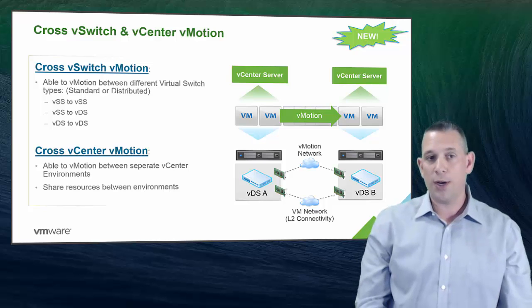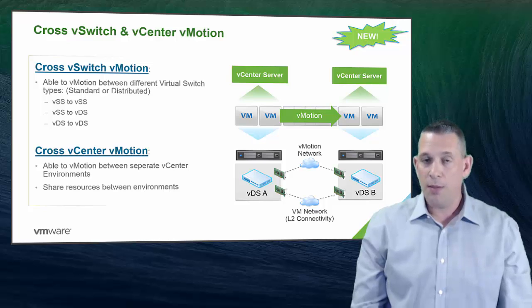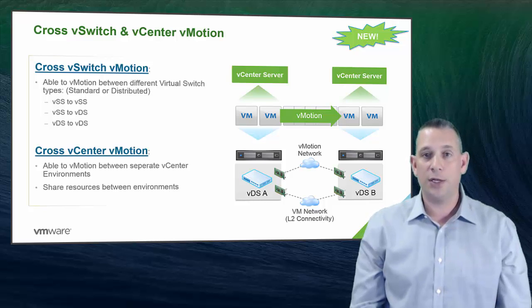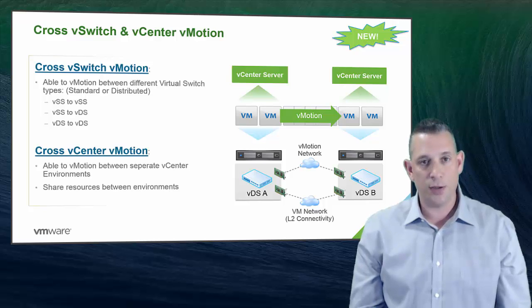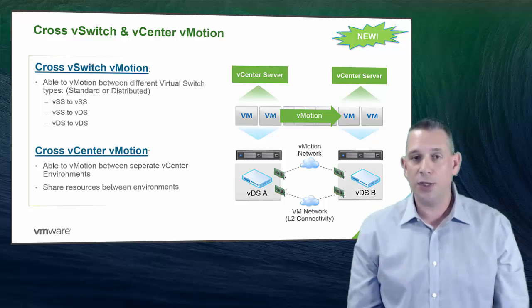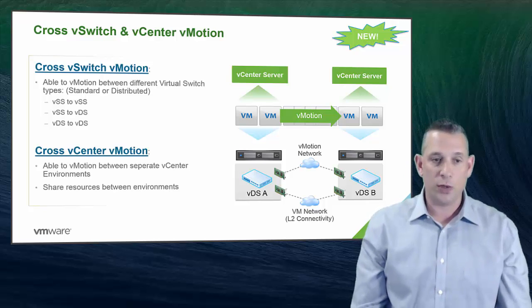Another huge leap forward is that we can now also do vCenter to vCenter vMotion. Before, you could only vMotion within a cluster that was tied to a single vCenter. We could not go between two locations that had separate vCenter servers. Now we can do cross vMotion between vCenters. This is a huge leap forward and opens up a lot of doors for us.